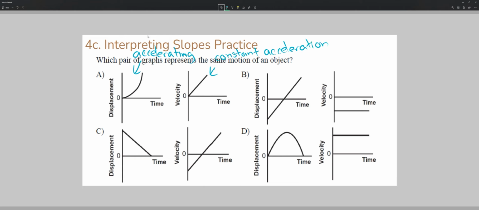Let's take a look at the other answer choices first. B is saying that you're going from a negative direction to the positive, which means you do have a positive velocity here. You have a constant positive slope, which is essentially saying that you have a constant positive velocity.